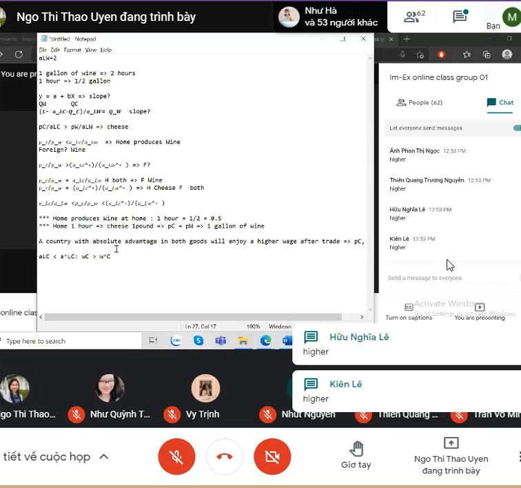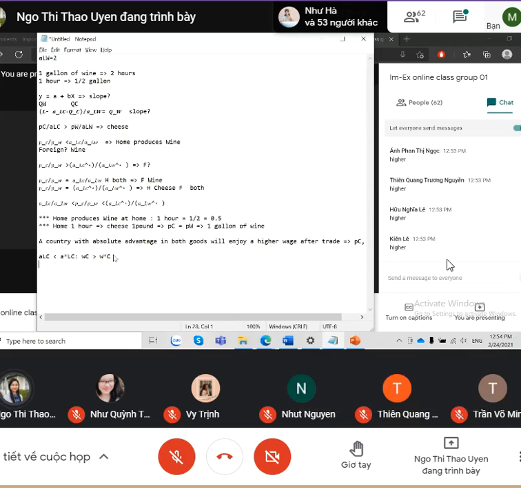Higher, right? So the same thing happens to wine, because they say here, a country with absolute advantage in both goods. Both goods. So same for wine, meaning that the wage of wine in home is higher than in foreign.